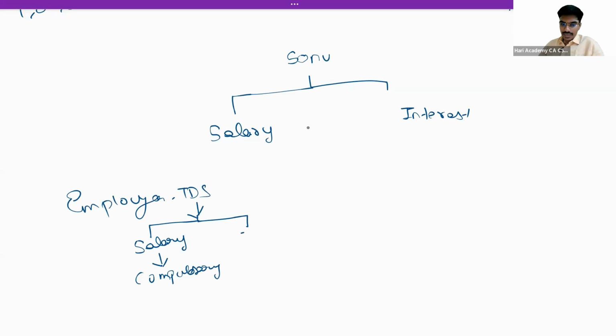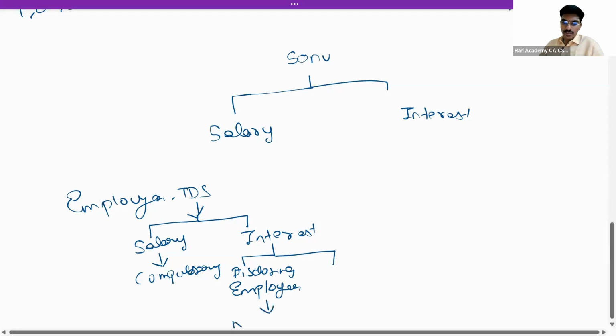and in case of interest, there are again two bifurcations. First, if the employee is not disclosing this to the employer, then no obligation is there on the employer's part to deduct the TDS.